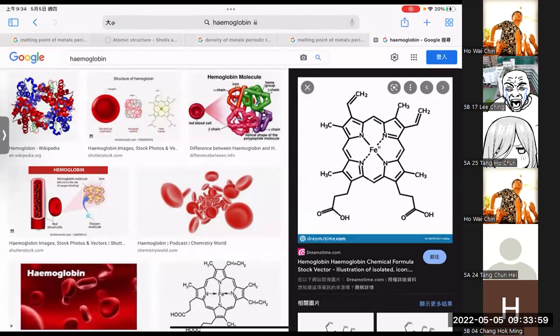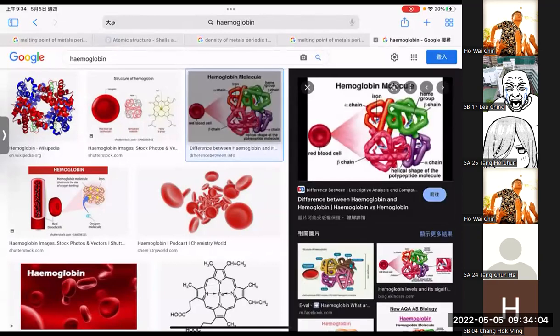Do you know what that is? If you don't understand, from a slightly more macroscopic viewpoint, the heme group is a cluster of organic compounds surrounding the central metal ion, iron.